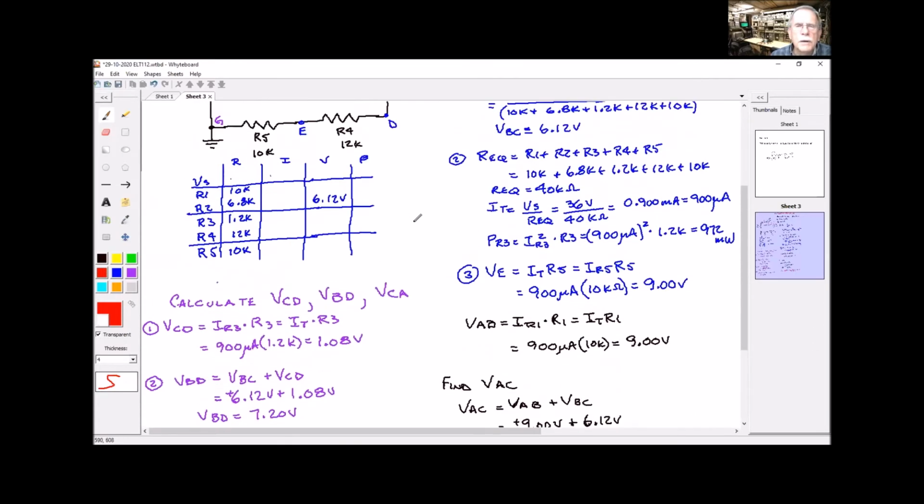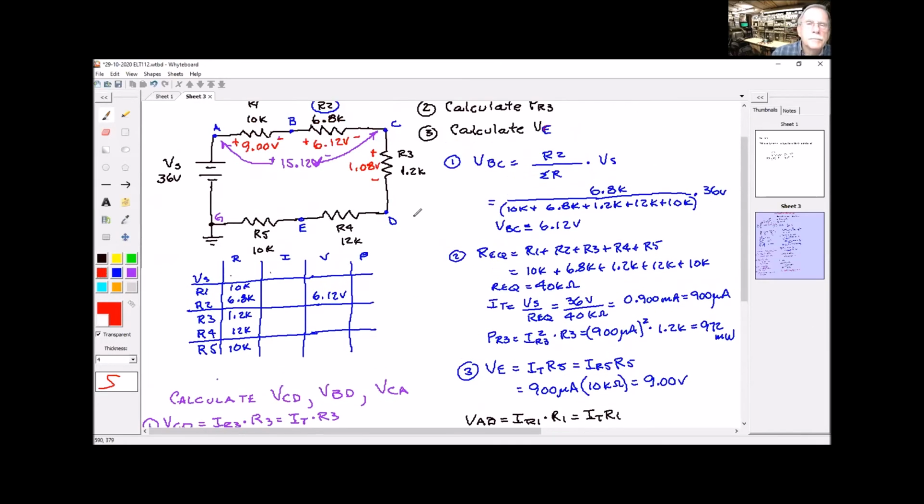So if we go up here, plus on the left or plus on the right? On the right. Current's going clockwise through the circuit, so it goes into the right-hand end first, makes that the plus, leaves the left-hand end, makes that the minus.